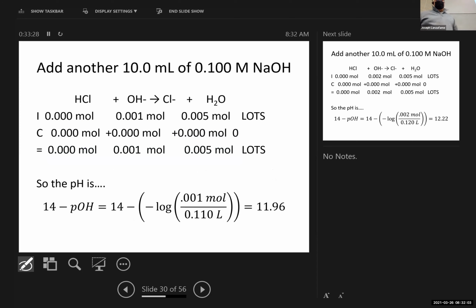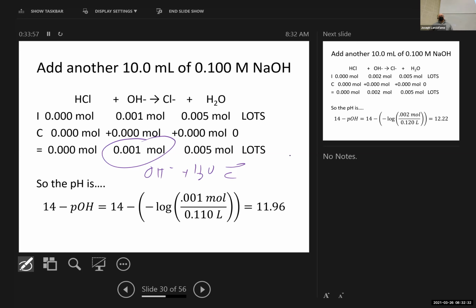But of course, it's a strong base. Technically there's a Kb for it. But again, as we've always done with bases, I can essentially get the hydronium concentration from good old Kw again, or 14 minus the pOH.